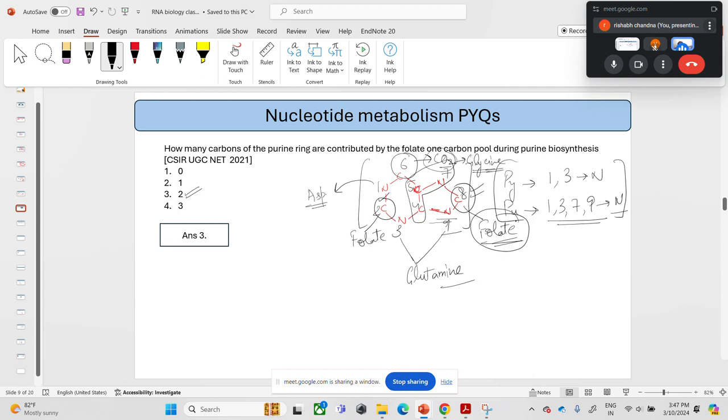Now, similarly, I'll explain this for the pyrimidine also. Pyrimidine has a ring of six atoms. So, starting with this, this is first, second, third, fourth, fifth, and sixth.